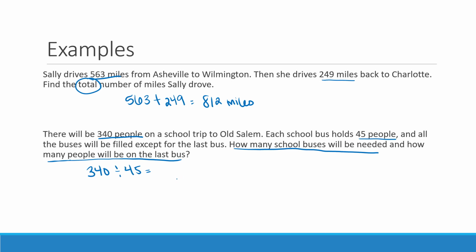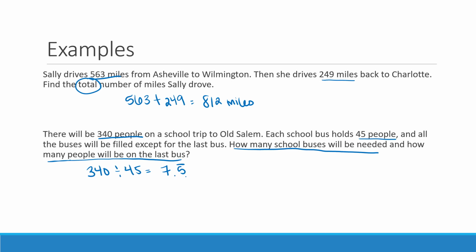Now, this is again where things get a little bit tricky. When you put this in your calculator, you get 7.55555 going on forever. So I'm going to put a little repeat here. Now, I don't care what this decimal is. It could be 7.1, 7.2, 7.3, 7.8, don't care. Don't think about this as rounding right now.